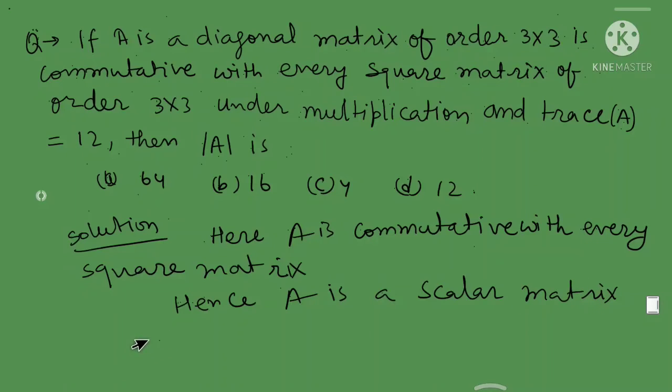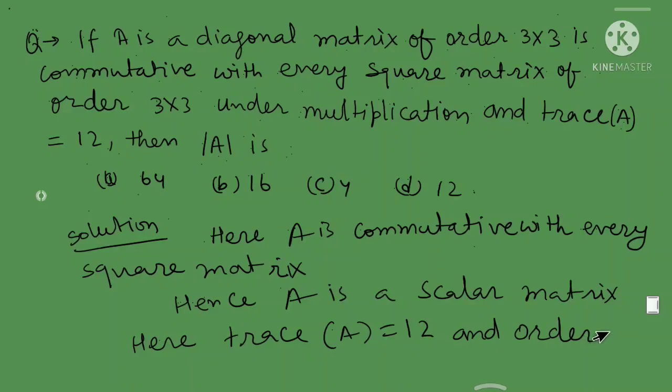Here trace of A is equal to 12 and the order of A is 3 by 3.